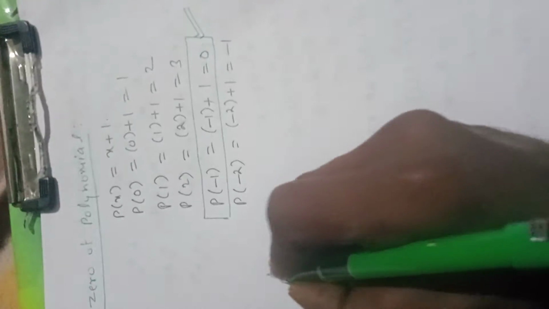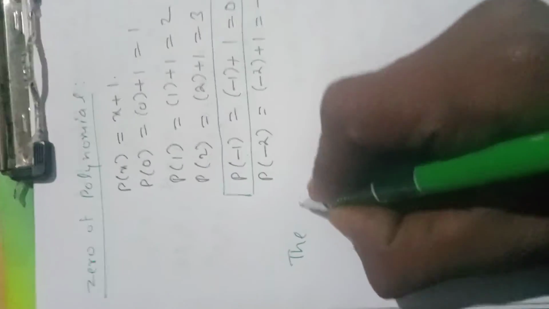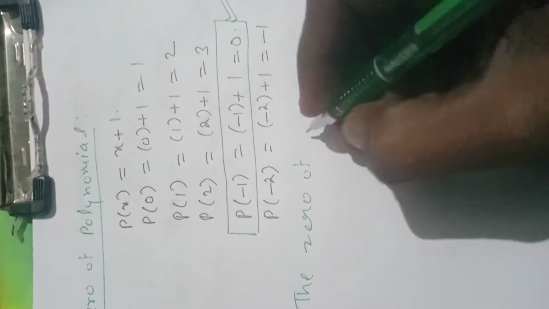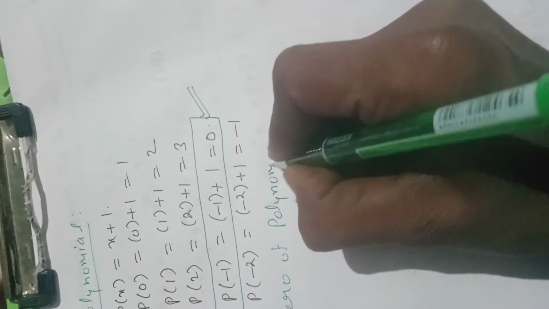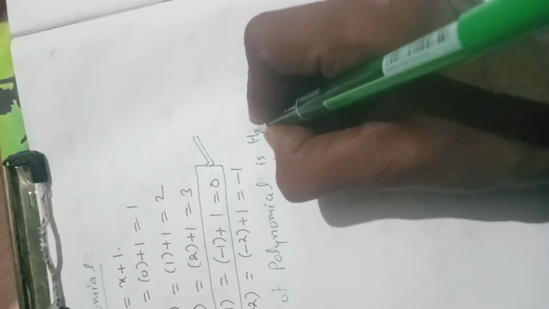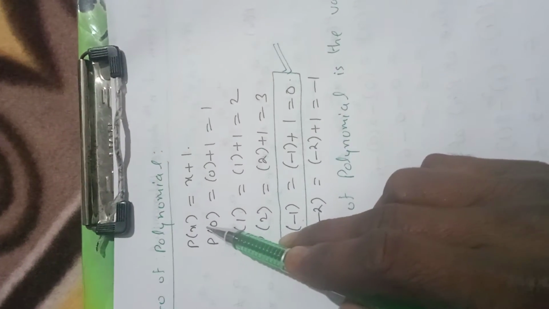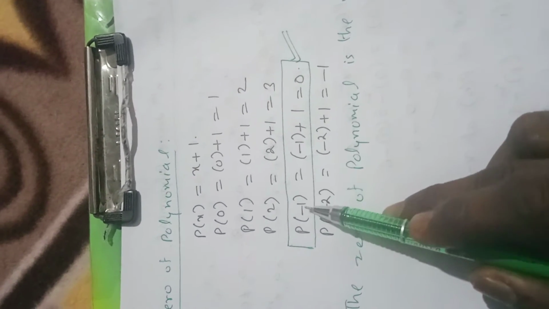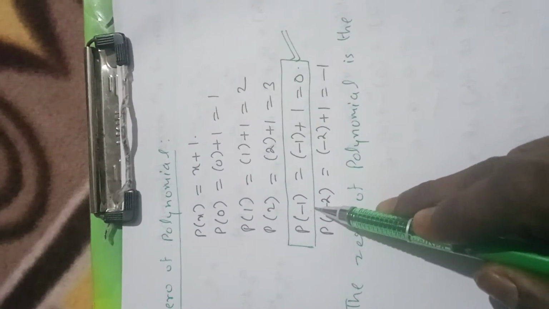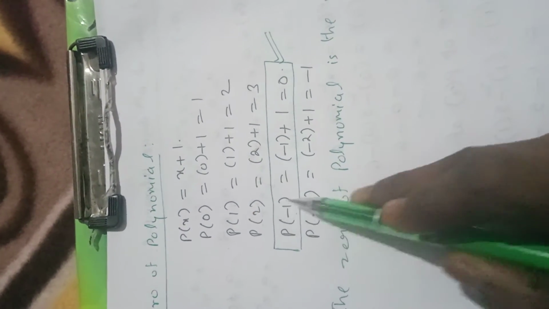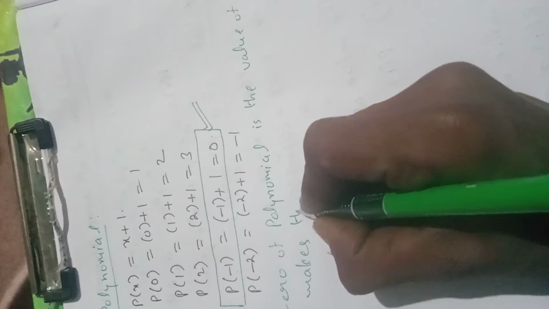So I am writing: the zero of a polynomial is the value of x which makes the value of the given polynomial p of x equal to 0.